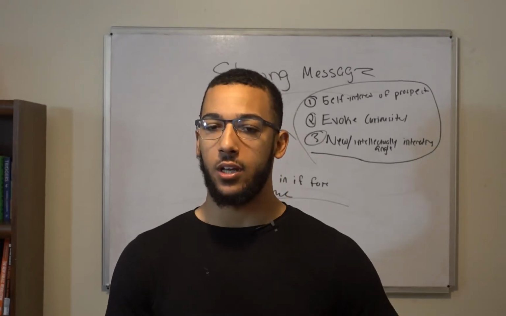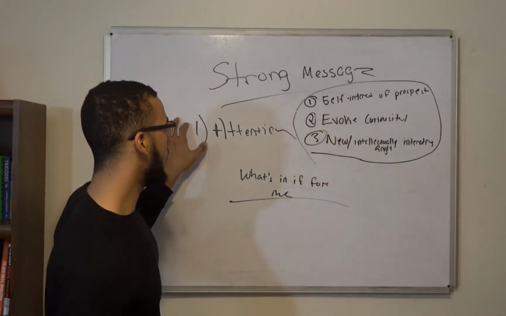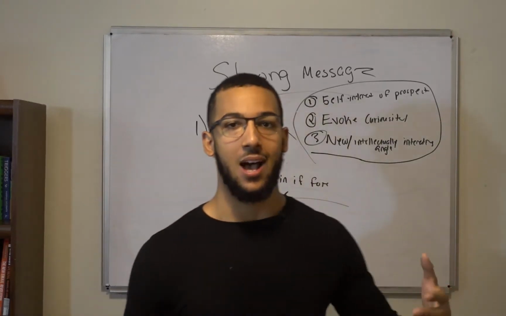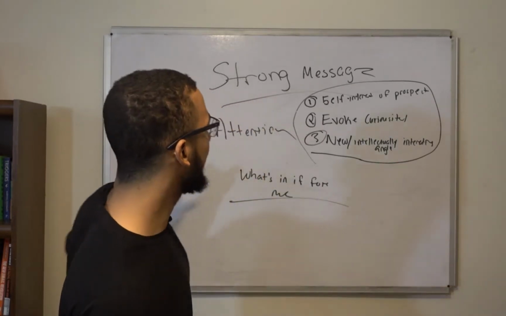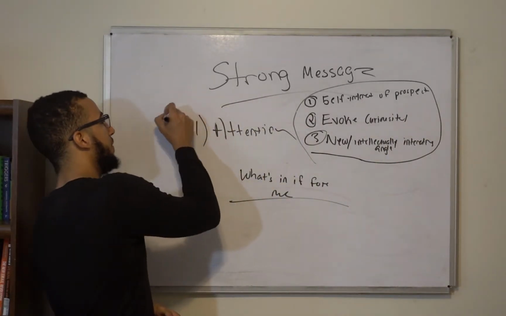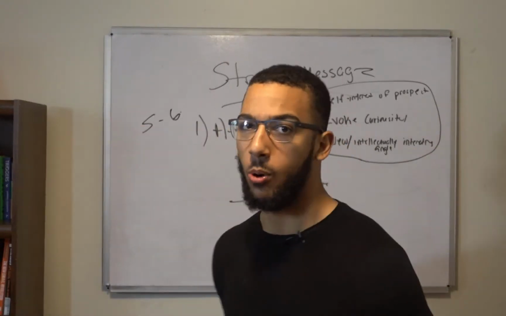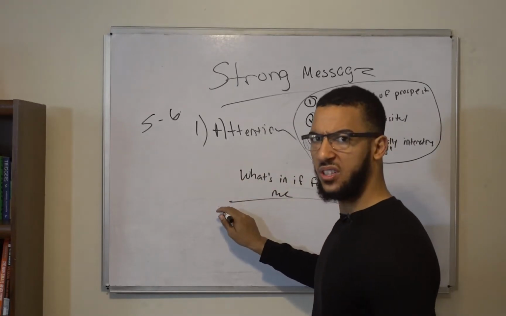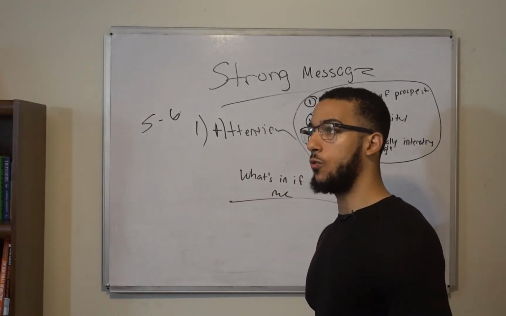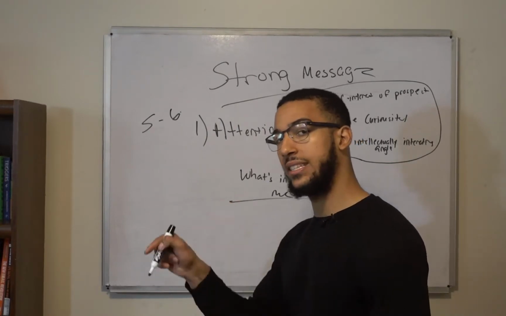In a YouTube video, it would be the first few seconds of a video. Basically, attention, right? What they say now is that humans now have a lower attention span than a goldfish. Well, basically what that means is that you have 5 to 6 seconds to capture people's attention. And for the most part, if they're reading your ad on Facebook, all they're gonna see is the first couple lines or the headline. If you're running a YouTube ad, all they're really gonna hear is the first 5 seconds, right before they skip the video.